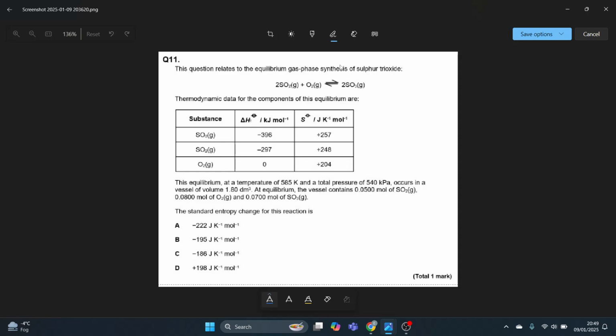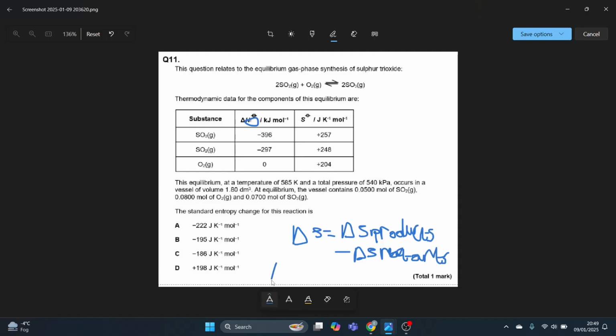Question 11. This question relates to equilibrium gas phase synthesis of sulfur trioxide. Standard entropy change for this reaction is, given formation data, entropy change equals entropy of products minus entropy of reactants.